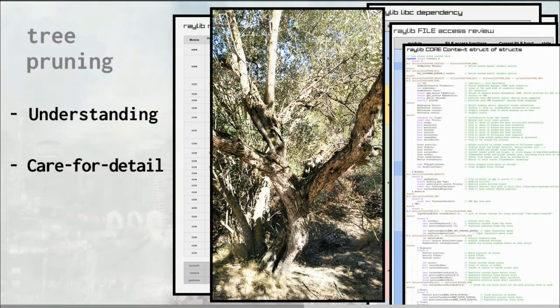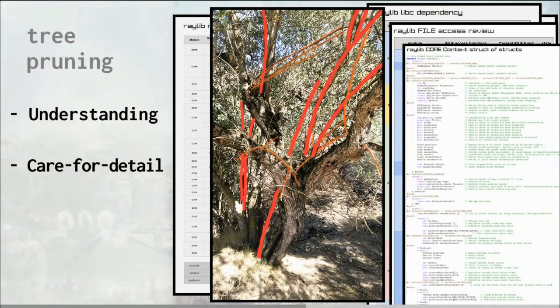Okay, so what else? Well, at the very end, it requires taking some decisions. So you have to take decisions. In that case, I analyzed the tree, and with all the detail, I thought that those branches could be just removed.